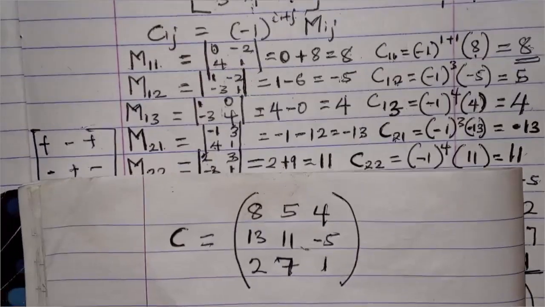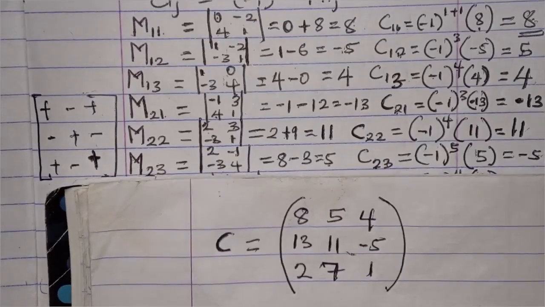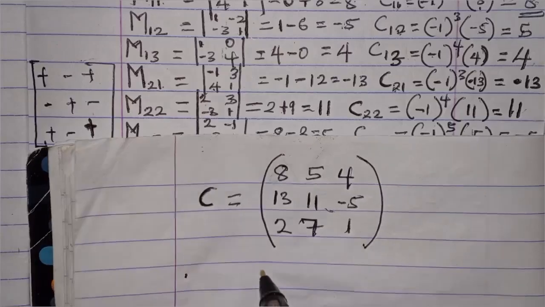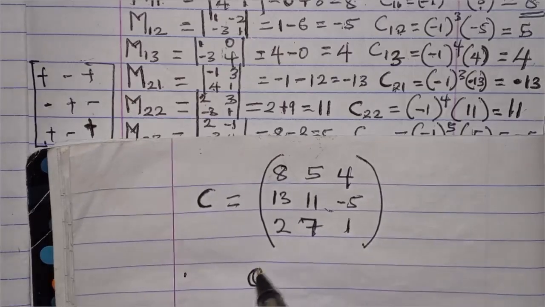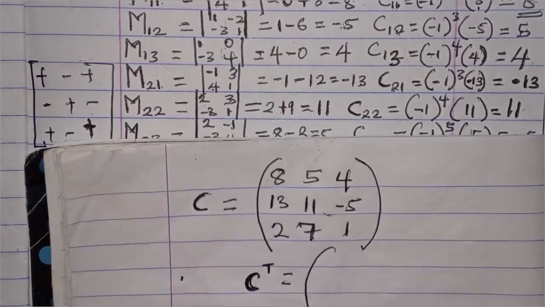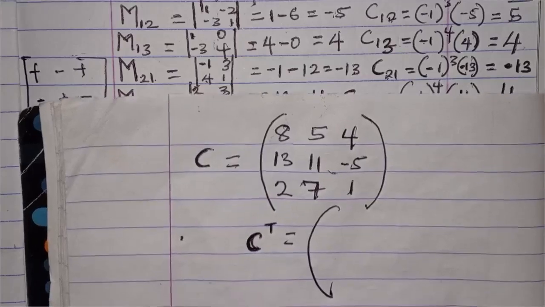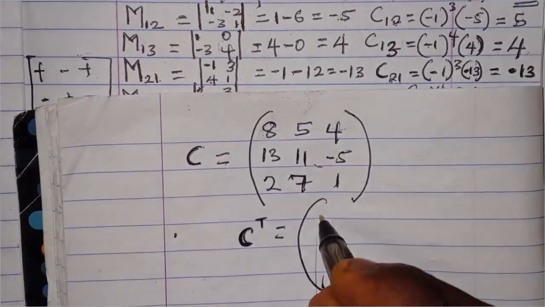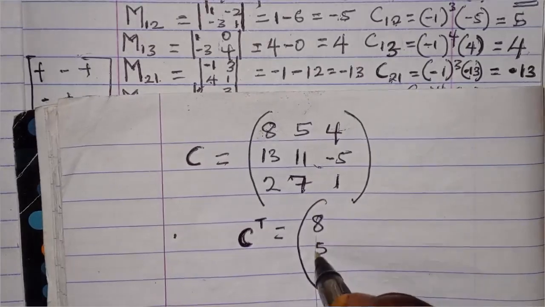The adjoint of a matrix is the transpose of the cofactor matrix. The transpose of this matrix, that's C transpose, is the matrix where we interchange the rows and the columns. This becomes the first column, that's 8, 5, 4.